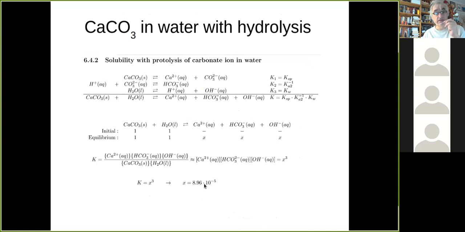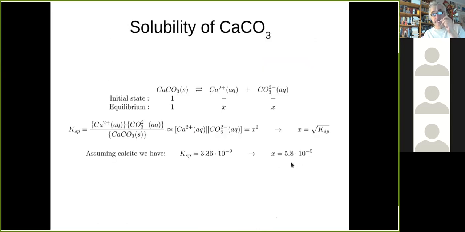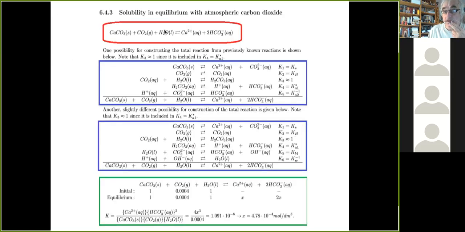It's considerably less compared to the situation of no hydrolysis. It's 5.8 times 10 to the minus 5, even less. So one can draw the conclusion that allowing calcium carbonate to react with carbon dioxide increases the solubility a factor of 10 nearly, compared to the situation where we don't have any reactions with acid, well, carbon dioxide from the atmosphere and water.